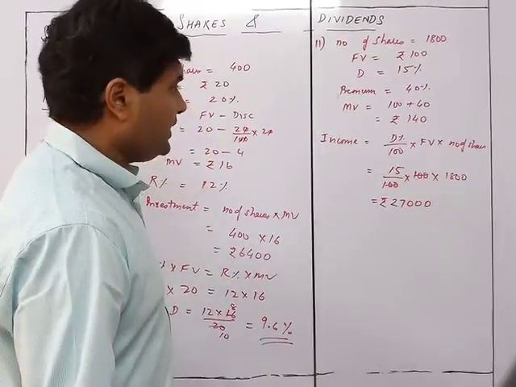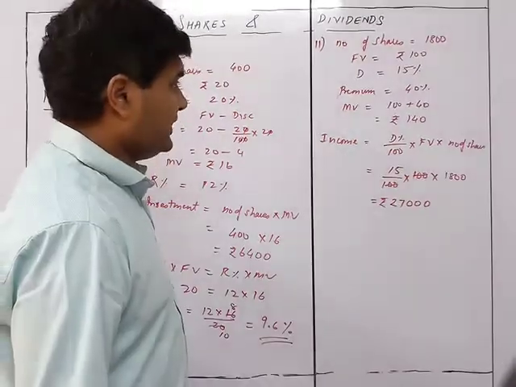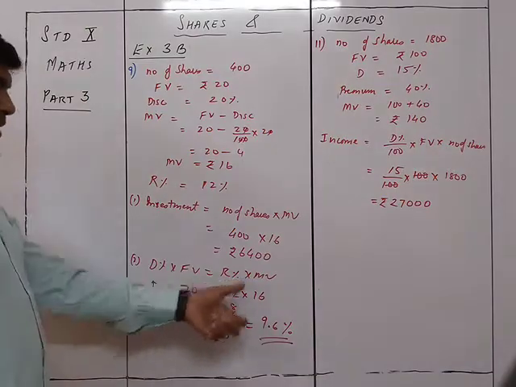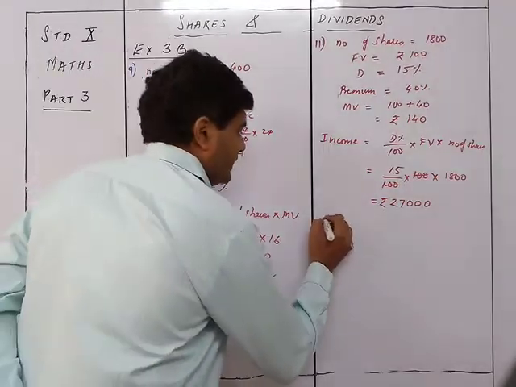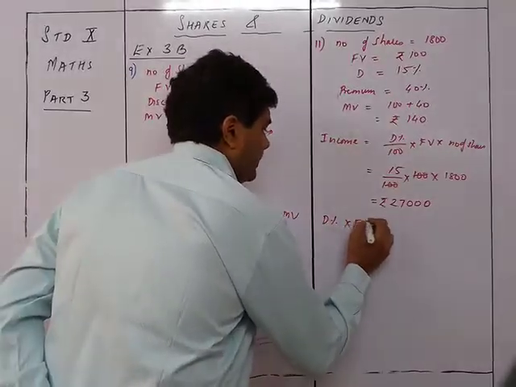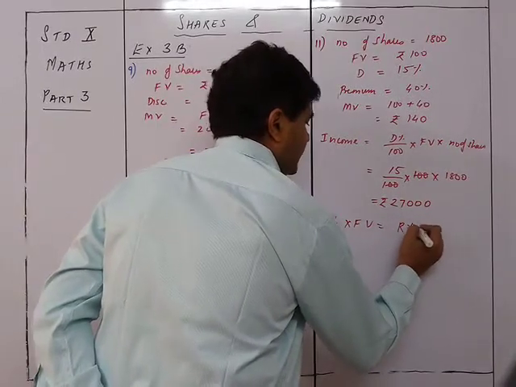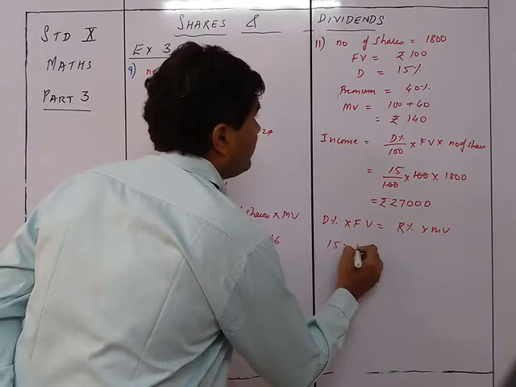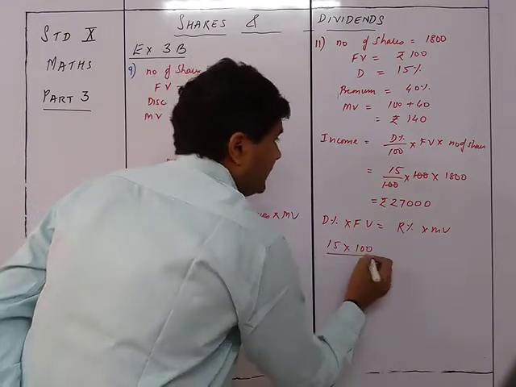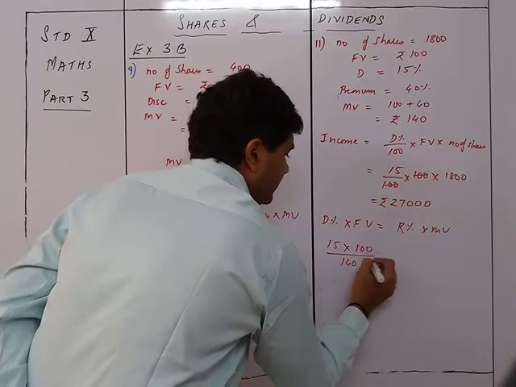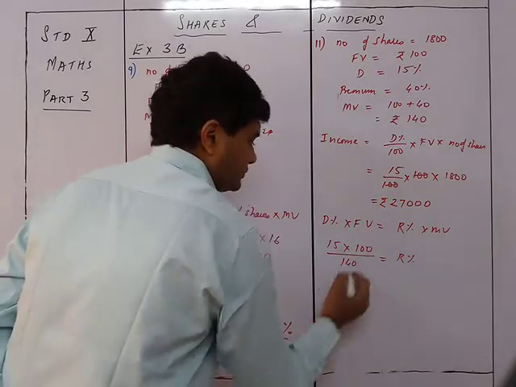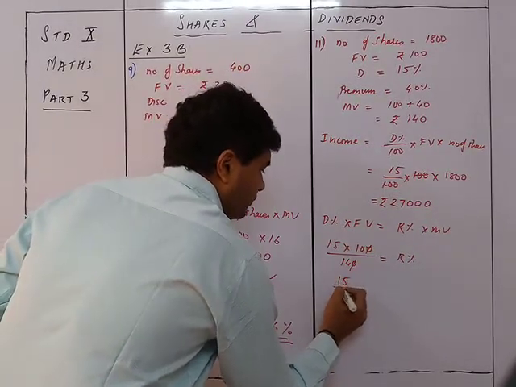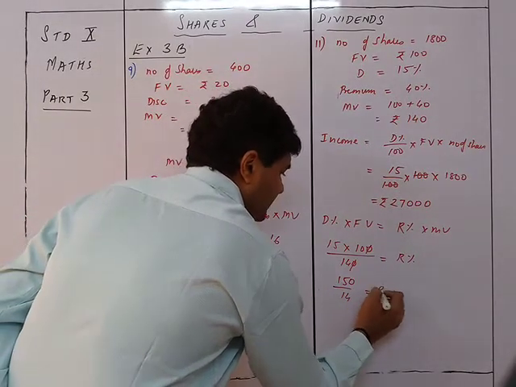Now we need to find out the return percentage. For return percentage, we can take this method, it is easier. So it is D percent into FV is equal to R percent into MV. So D percent is 15 into FV was 100 upon MV, MV is 140, is equal to R percent. So 1500 upon 140 is equal to R percent.